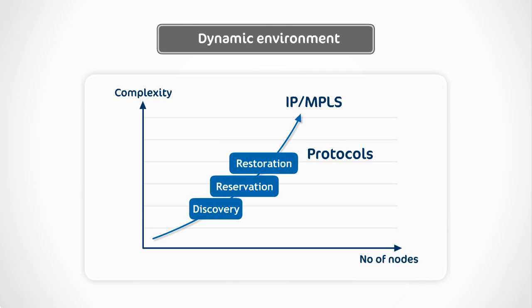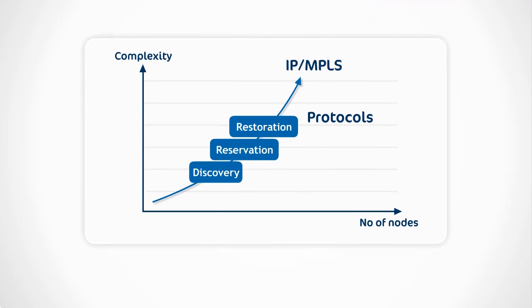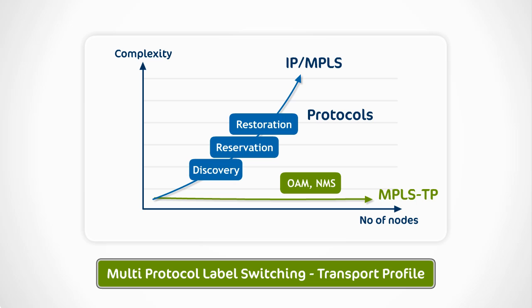These are needed in dynamic environments, but in the static environment of an aggregation network, they are overkill. To reduce complexity while still offering the benefits of an IP MPLS network, the industry together with IETF and ITU have developed a new standard which is called MPLS-TP, or Multi-Protocol Label Switching Transport Profile.